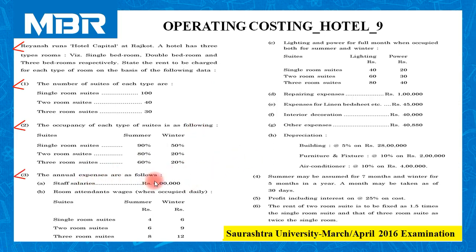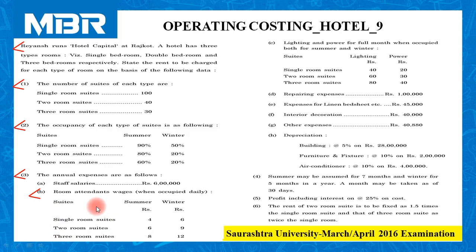Number 3 is all about information of expenditure. Staff salaries, rupees 6 lakhs, are given to us in ready-made form. Room attendants' wages when rooms are occupied are given separately for all three categories of room and both seasons.